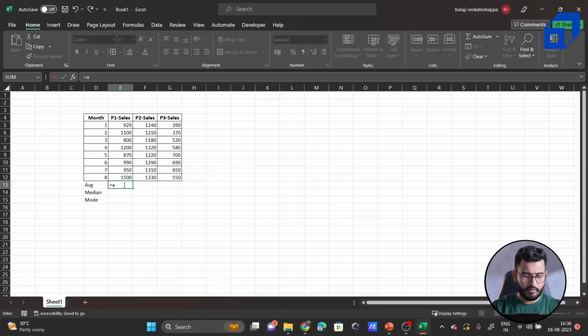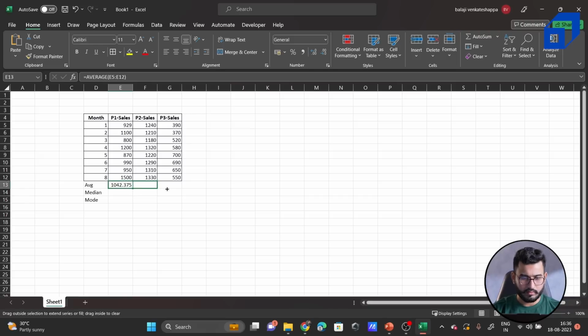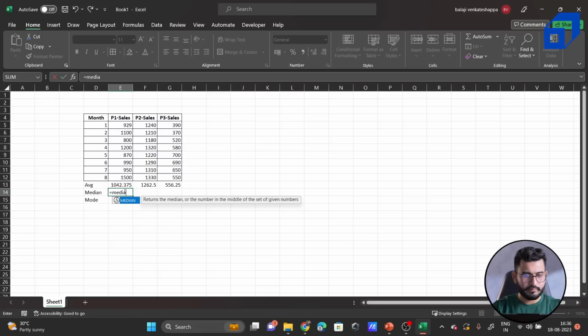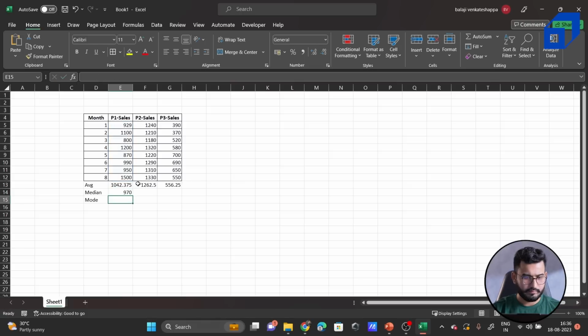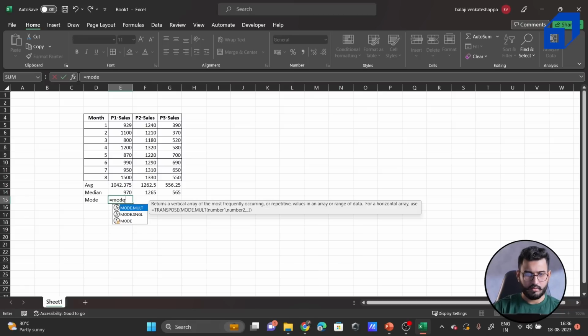So is equal to average of this particular column, and I can simply extend this formula to all other cells. Similarly, median will be is equal to median. I want median of all these cells, and I can simply extend this to all other cells. And then we have mode, so is equal to mode.